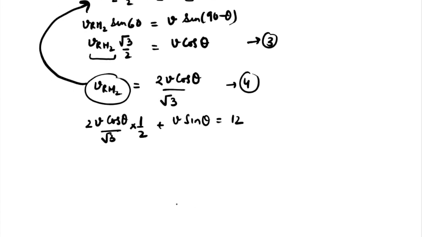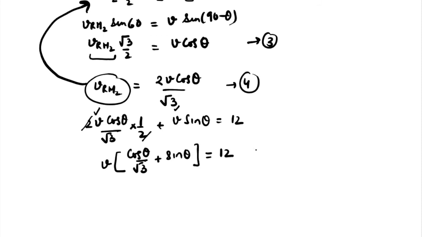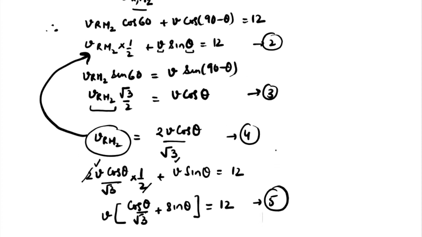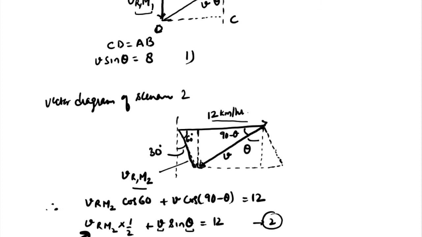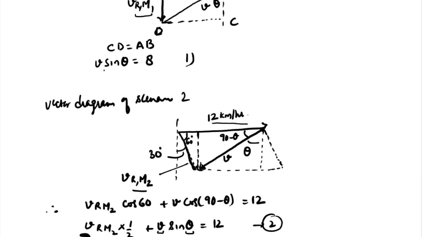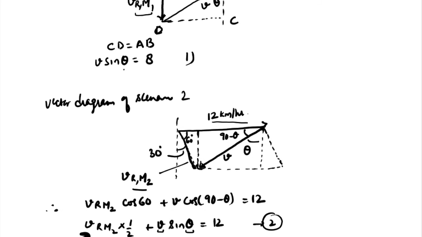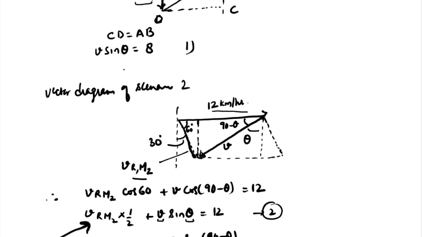That means if we take V as common and this 2 can get cancelled, we get V brackets cos theta over root 3 plus sin theta is equal to 12. That's equation 5. Now if you look closely, equation 5 and equation 1, both of them have V and theta as a variable. Now we have two equations now.